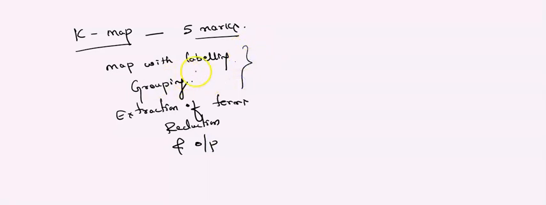For map with labeling and grouping, they may ask 2 marks, reduction is 2 marks and output is 1 mark. It depends on how many marks they are asking, but generally this is the way the questions will be asked. Concepts are clear? Good.